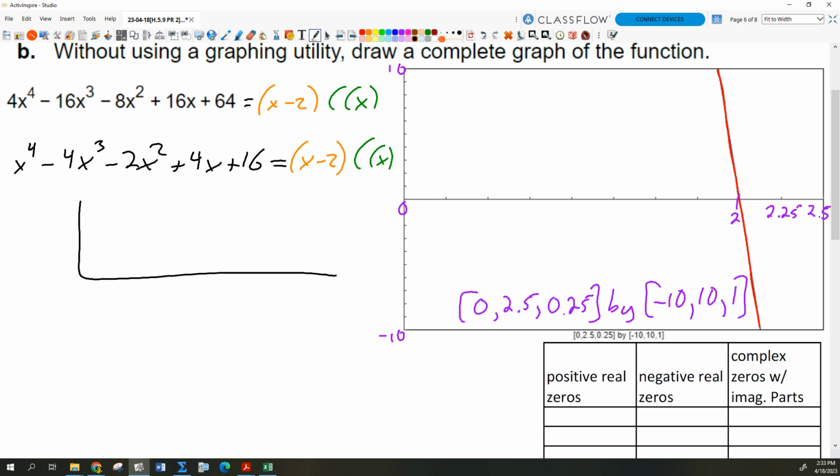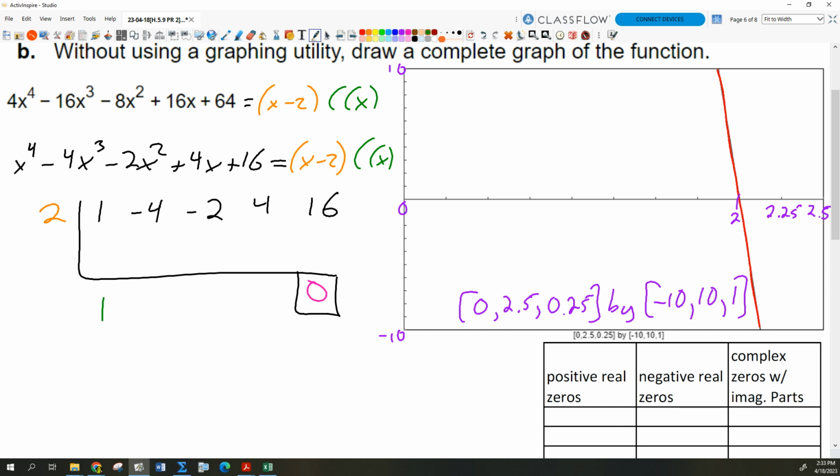So coefficients are 1, negative 4, negative 2, 4, and 16 with a remainder of 0. And my 0 would just be 2. Agreed? Okay, I run that through, and what do I get?